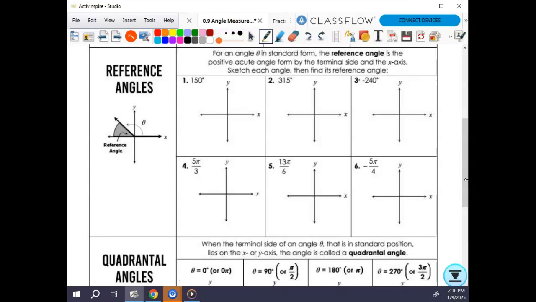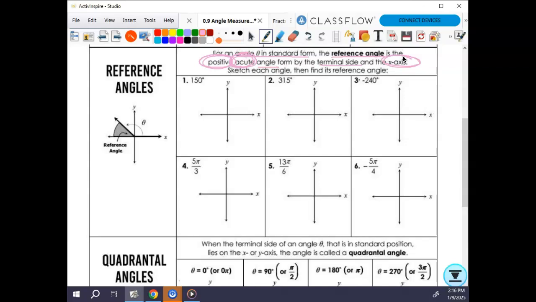It narrows it down to us only having to know a little bit and then knowing how to apply it to everything else, okay? So a reference angle, for an angle theta in standard position, is the positive acute angle, always positive, always acute, formed by the terminal side and the x-axis, not the y-axis.